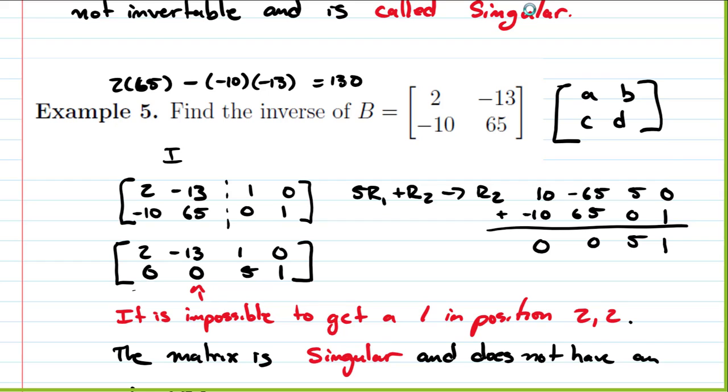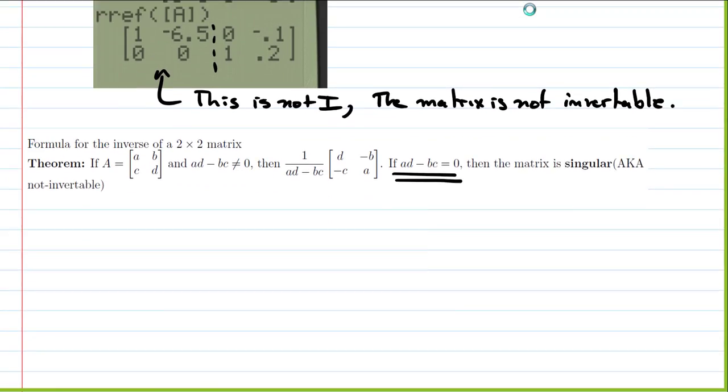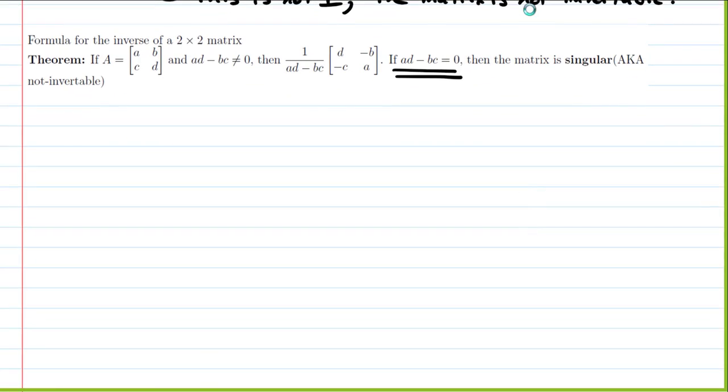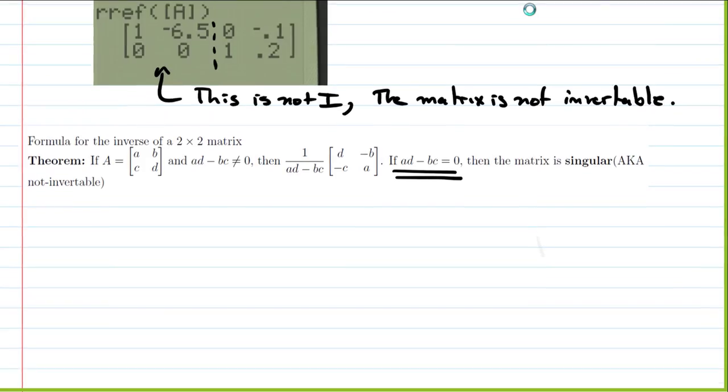A minus times a minus is going to be negative, and 10 times 13 is also 130, which gives us 0. So AD minus B times C equals 0. So that matrix was not invertible. So we know immediately that that matrix was not invertible.